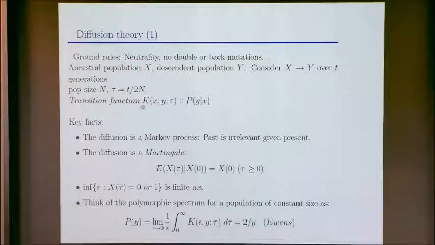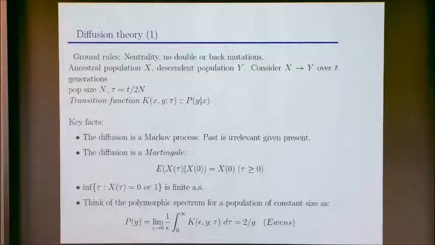And I like to write the transition function for the Wright-Fisher diffusion. This is your frequency x at big X, your frequency y at big Y. The drift is tau. And if you're polymorphic, so y is in the open interval 0 and 1, this transition function, which I call the Kimura function, is the probability density of you being at y conditional on you being at x. Okay, so this is all just basic notation.